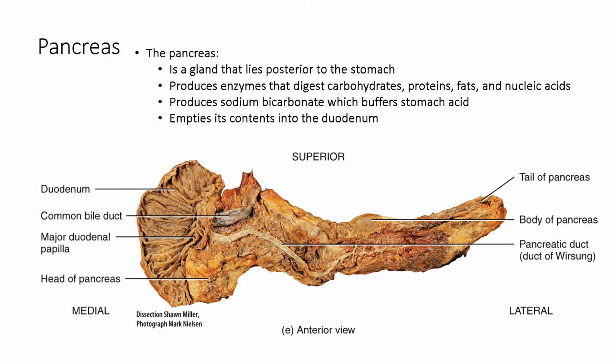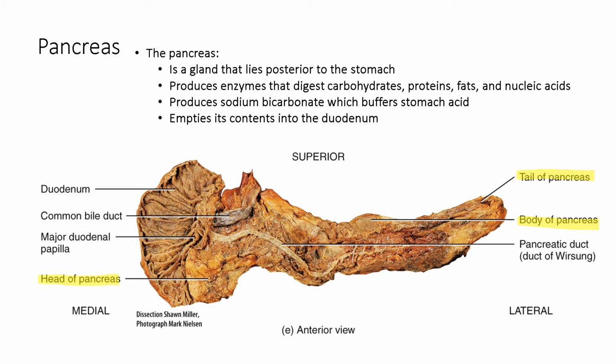So the first one we have here is the pancreas. Now, this is a gland that lies posterior to the greater curvature of the stomach. The pancreas consists of a head, which is the larger portion, the body, and a tail.